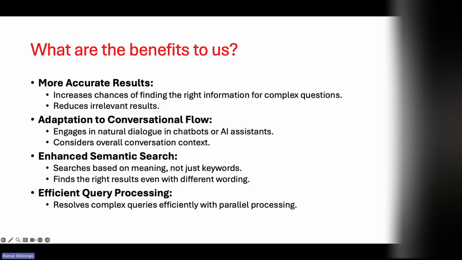You do not want the AI assistant to provide irrelevant information. That's where agentic retrieval really comes in handy. Essentially, it provides context-aware information, but in the form of a parallel process.